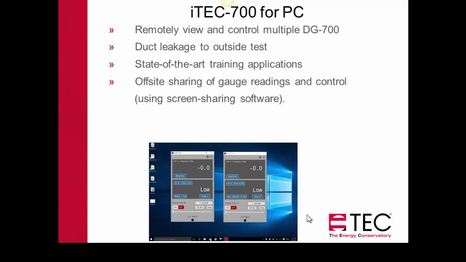If they're having trouble with the TechLog software, we'll use a third-party screen sharing software. In fact, it's Adobe Connect that we use, and we can see your screen, whatever problems you're having, as long as both have internet connection, and we can take control of the screen and show you how to run a test.